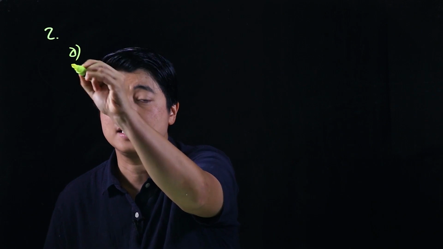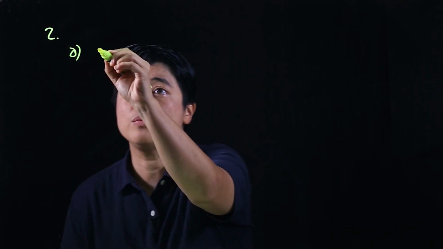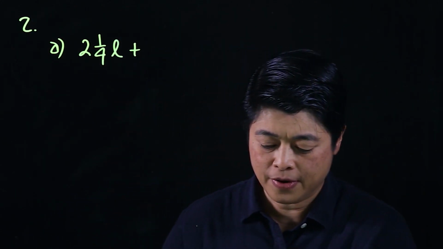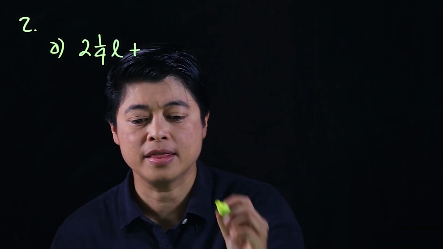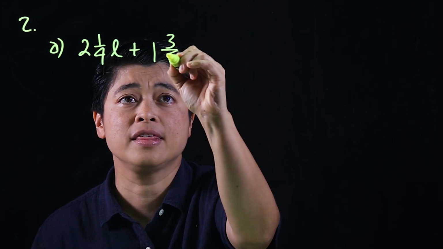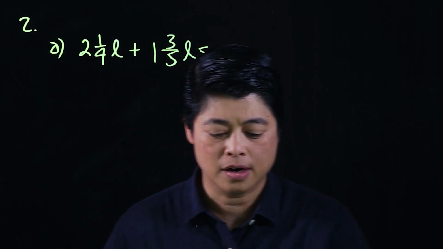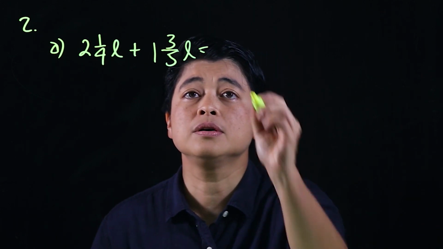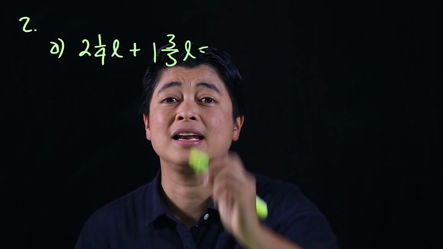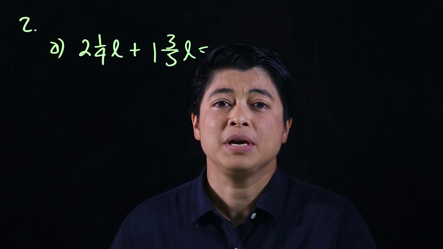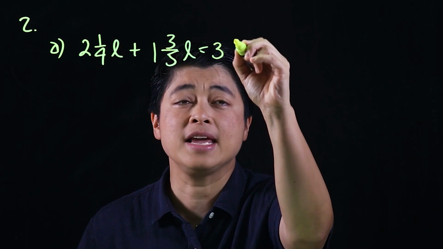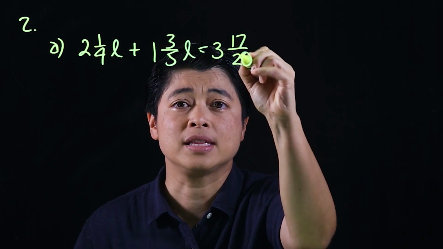Remember, first thing that happened is he mixed 2 and 1/4 liters of peach juice with 1 and 3/5 liters of apple juice to make the fruit punch. So if we add these, and it has a calculator picture on it, that means we can use our calculator. This is 3 and 17 over 20.